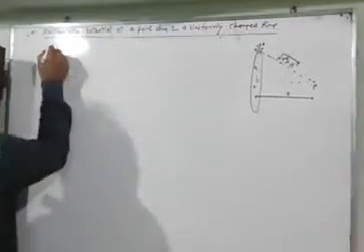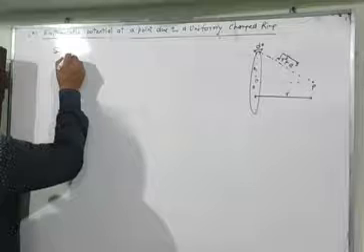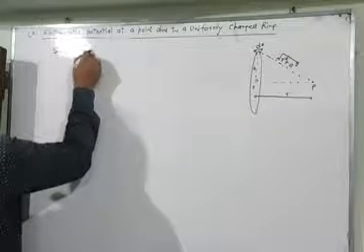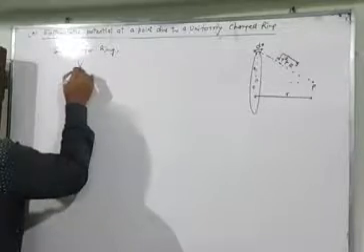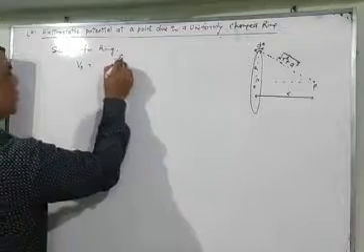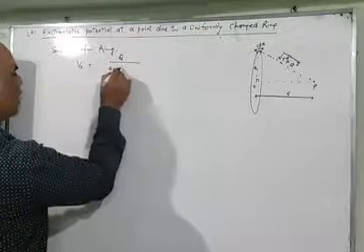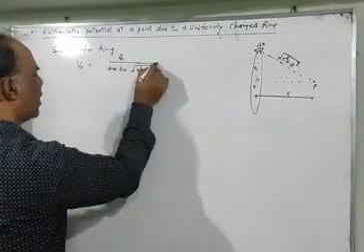Since we have proved, for ring, V at P, the electrostatic potential at P is equal to q upon 4 pi epsilon naught square root of r square plus a square.